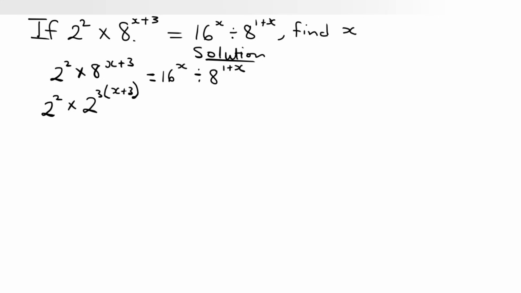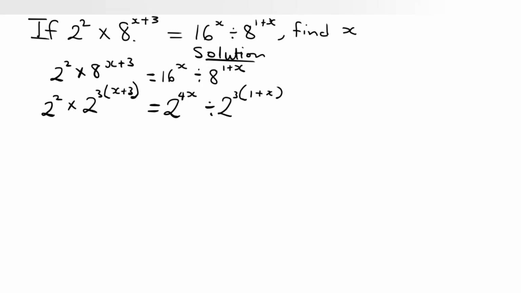Then equal to, so this 16 as well, we are going to express it as 2 raised to power 4. 2 raised to power 4 will give us 16. Then don't forget the power of x divided by, then the last 8 here will be 2 raised to power 3, then open bracket the power, which is 1 plus x.